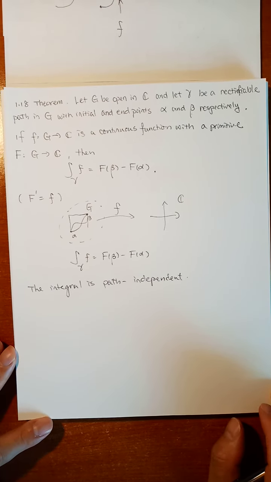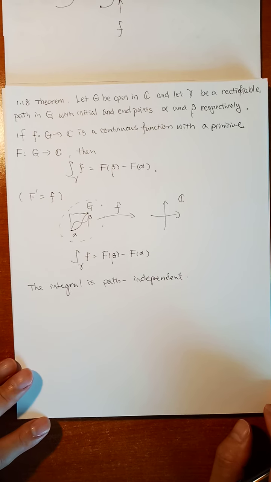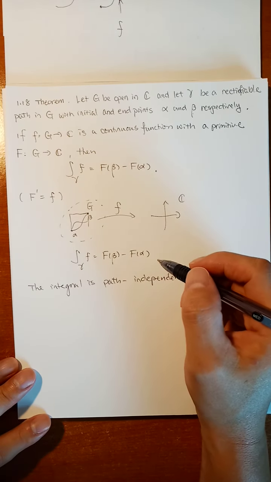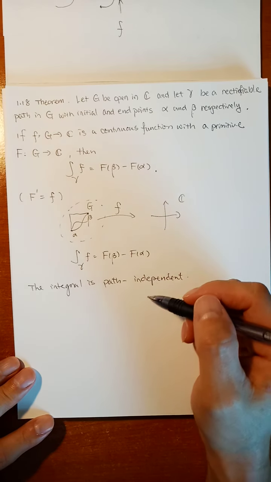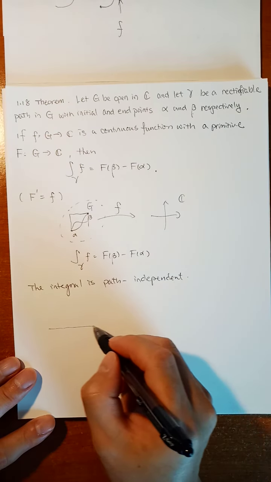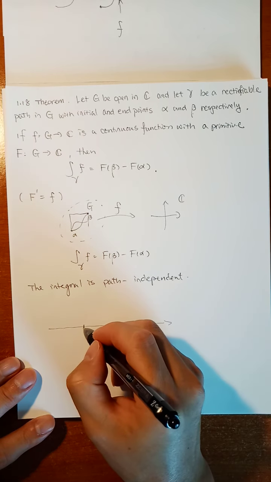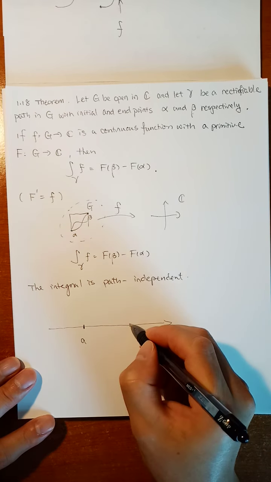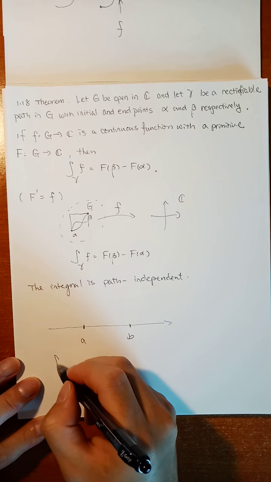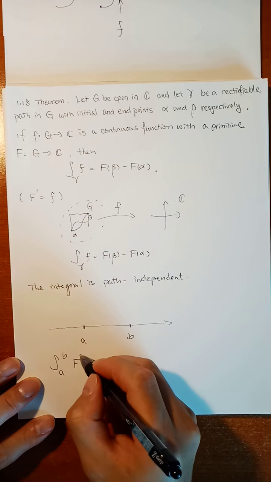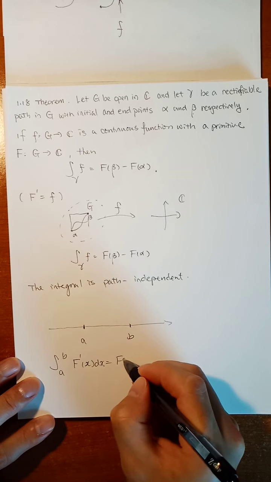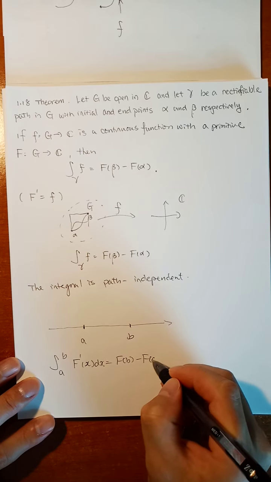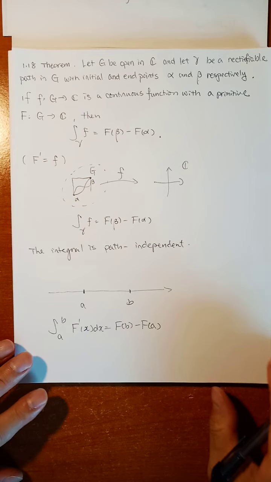The thing is that it's slightly different from the fundamental theorem of calculus in calculus. In calculus, we only have one line. Then we have the integral from a to b of f prime of x dx is F of b minus F of a. This is our FTC, the fundamental theorem of calculus.